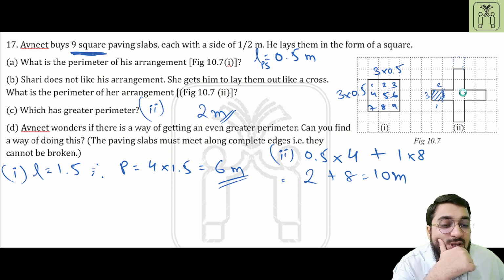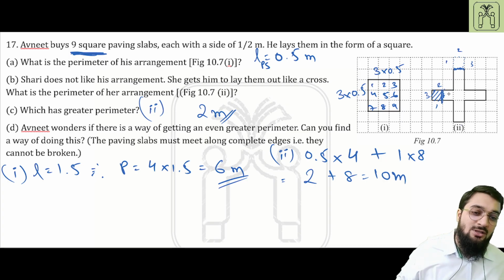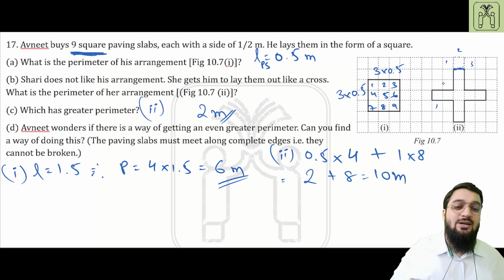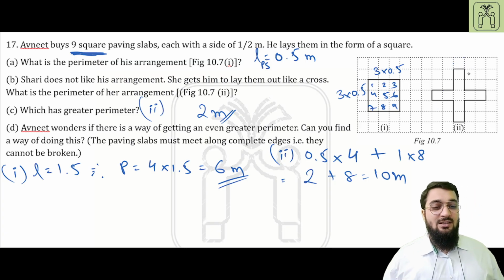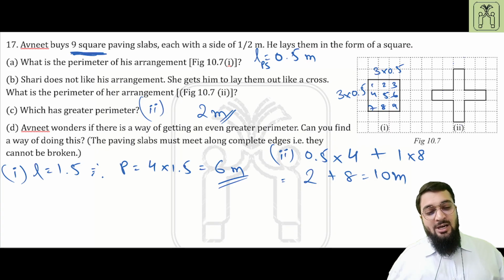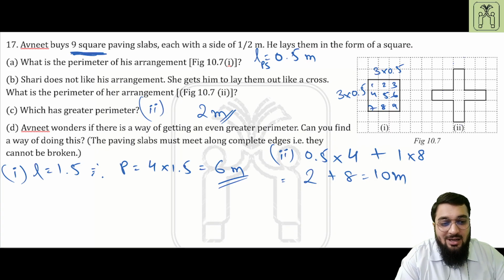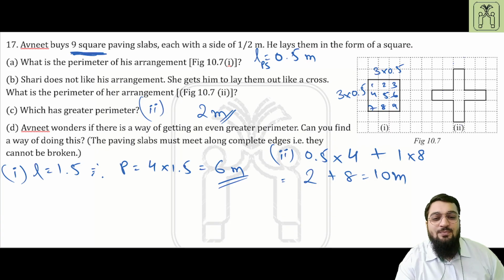Now I make it like this, and one side, two sides, three sides are there, and this side has become unexposed, and now this side has become exposed. So it is doing nothing. Everything is getting negated. So I think that the perimeter cannot be increased further, but you can try it out yourself and you may find a different conclusion. But I am sure that it cannot be increased.